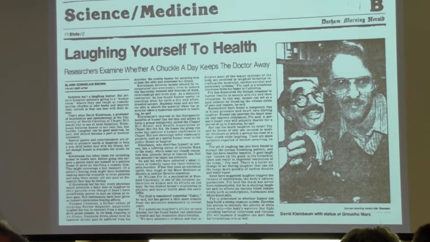And so I came back from this, very enthusiastic about trying to do something. And I met some other friends that I had gotten to know over the years, and we formed an organization called the Carolina Humor and Health Association, Carolina Ha Ha. And we went around the Durham, Chapel Hill area.